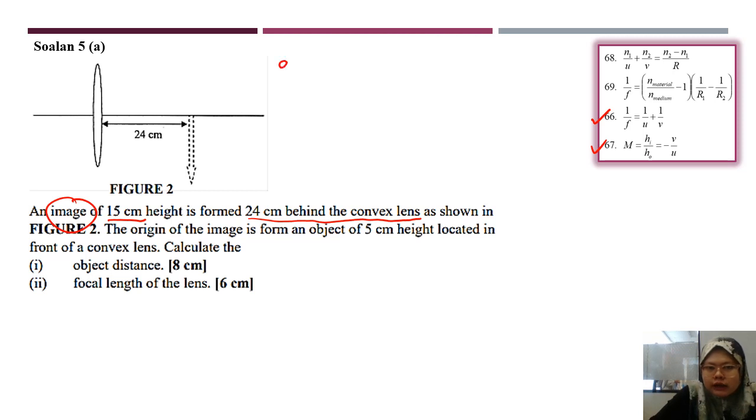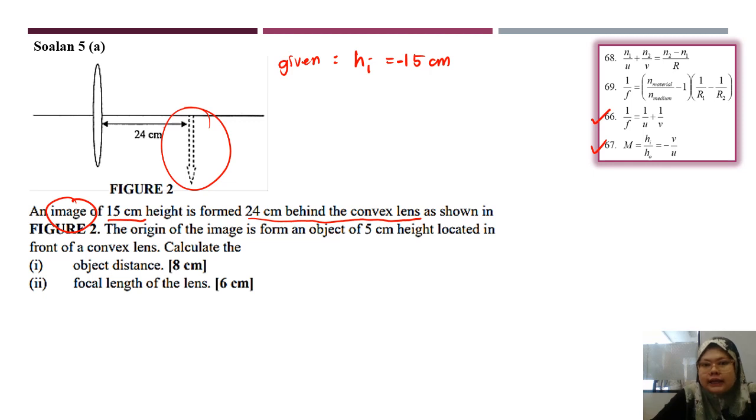Alright, so kita keluarkan information given here. So you are given the height of the image which is equal to 15 cm. Tapi you nampak tak image tu terbalik? So bila image tu terbalik, as I mentioned before, bila image tu inverted, dia punya height image tu negatif. Bukan positif, dia adalah negatif.